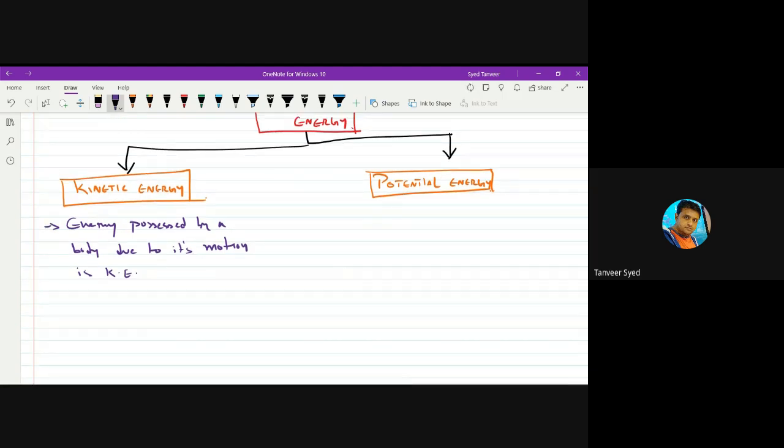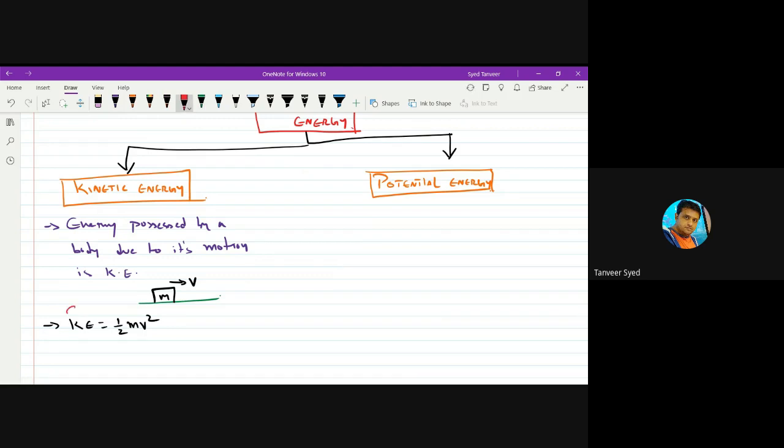Suppose we have a body of mass m which is moving with a speed v. Then this body has energy. How much energy? Kinetic energy due to its motion, which is equal to half mv square.